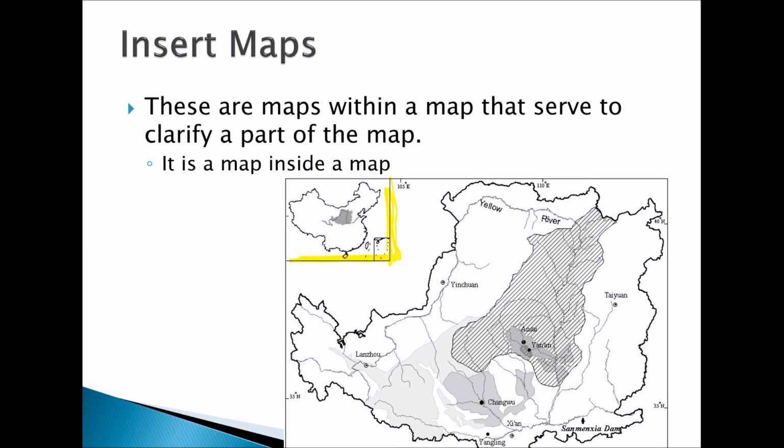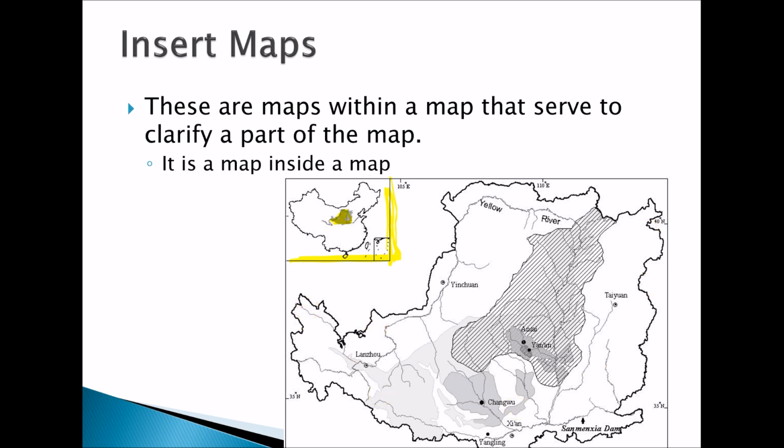So look, the insert map is very simple. Sometimes a map is zoomed in, and it's very difficult to understand what you're looking at and where it is. So in our example here, you can see that this bigger map is really just a small section of the country of China. As you can see, it's grayed out here, and it's the same shape here.